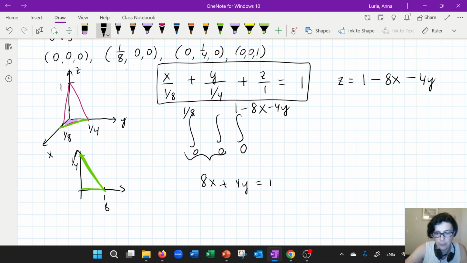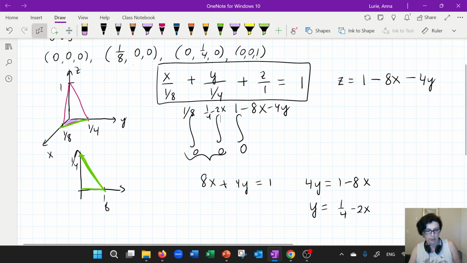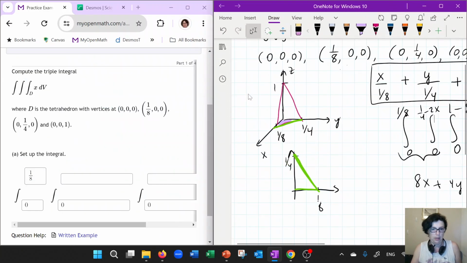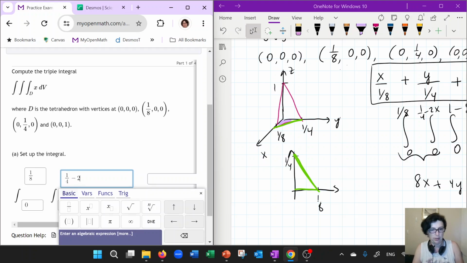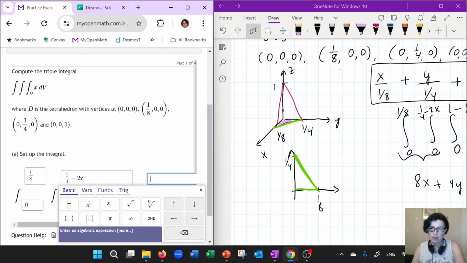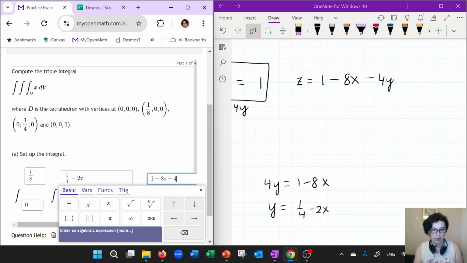Solving that for y will give you 4y equals 1 minus 8x, so y will be 1/4 minus 2x. That's going to be your middle limit. Let me put that in here. So this would be 1/4 minus 2x. And then this one, as we already figured out, is 1 minus 8x minus 4y.